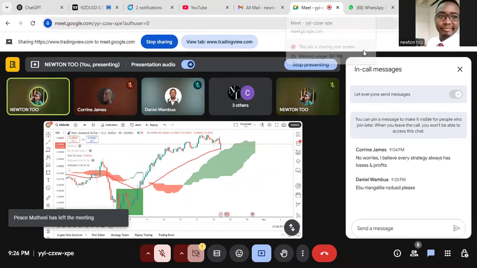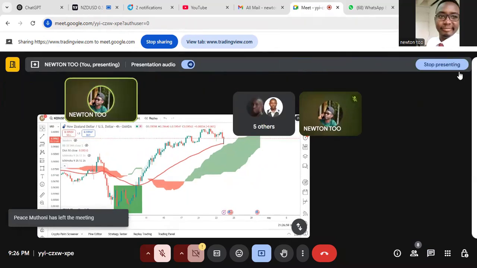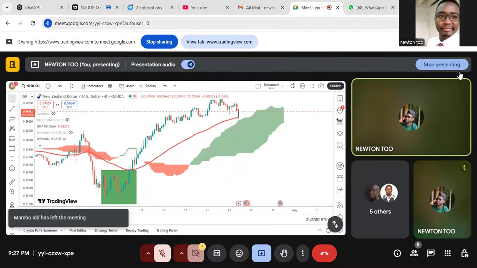Last question before we call it a day. For those who want to backtest, use TradingView, the best for backtesting all these indicators.